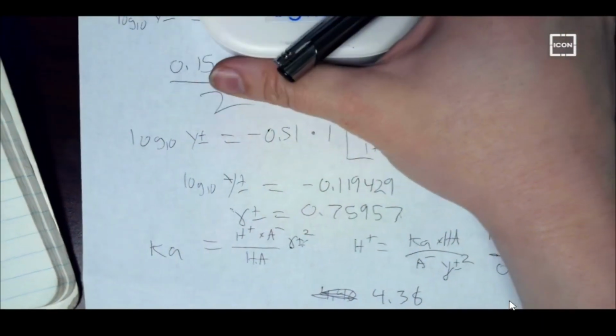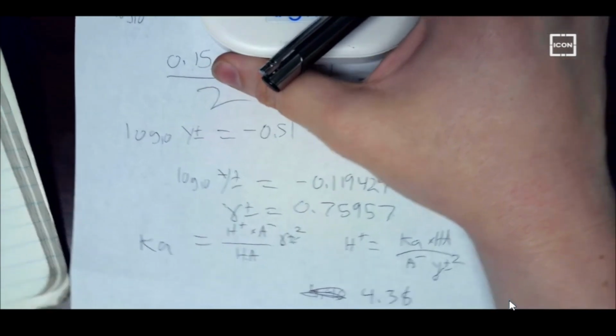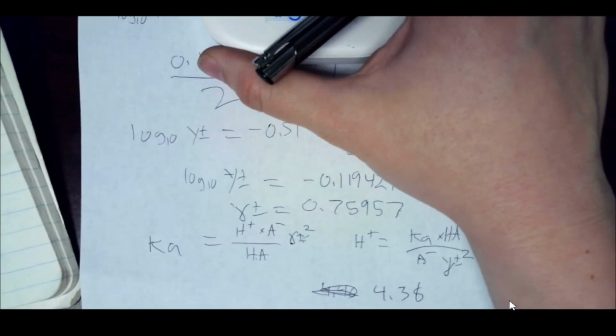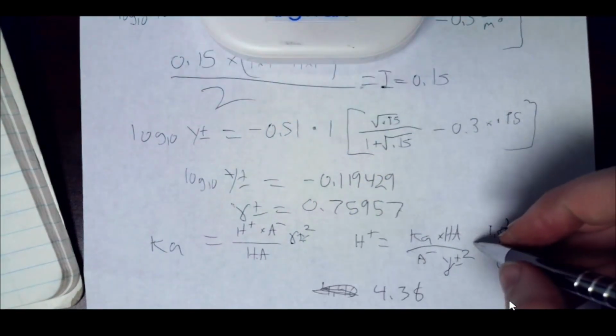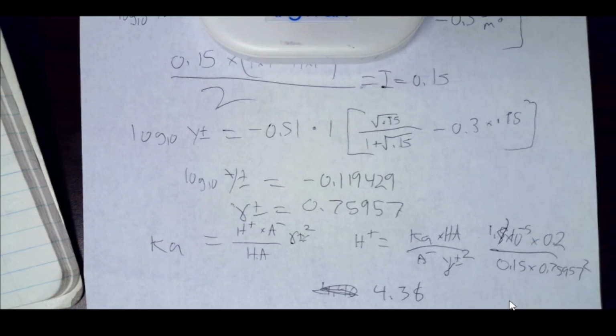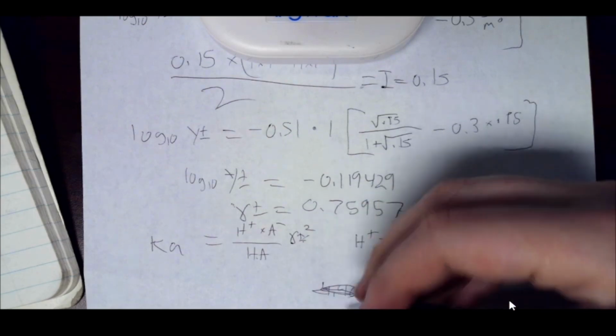And if you compare that to an activity coefficient of 1, how would that change? If your activity coefficient was 1, your pH would be calculated at 4.62.